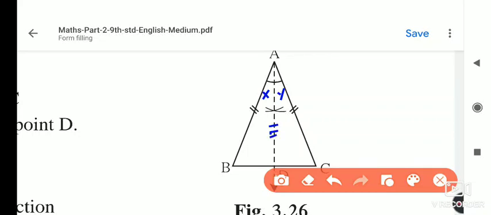Already AB is congruent to AC is given. Now angle BAD is congruent to DAC, this is also as per our construction, and AD is a common side. That's why triangle ADB and ADC are congruent to each other, and by CSCT angle B is congruent to angle C. In that way we can show.